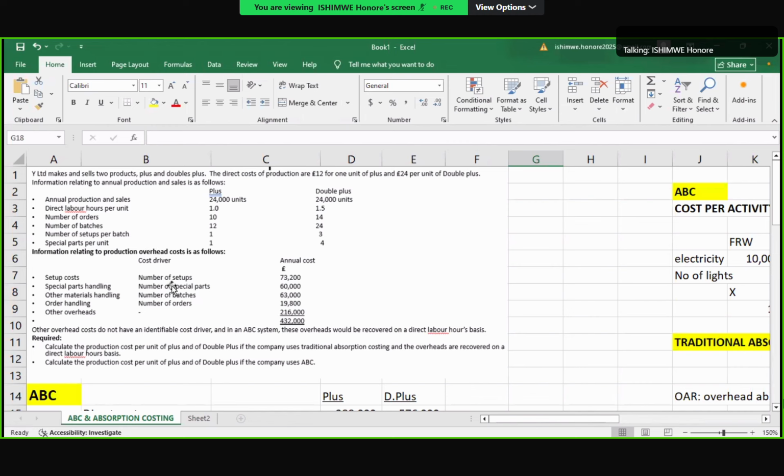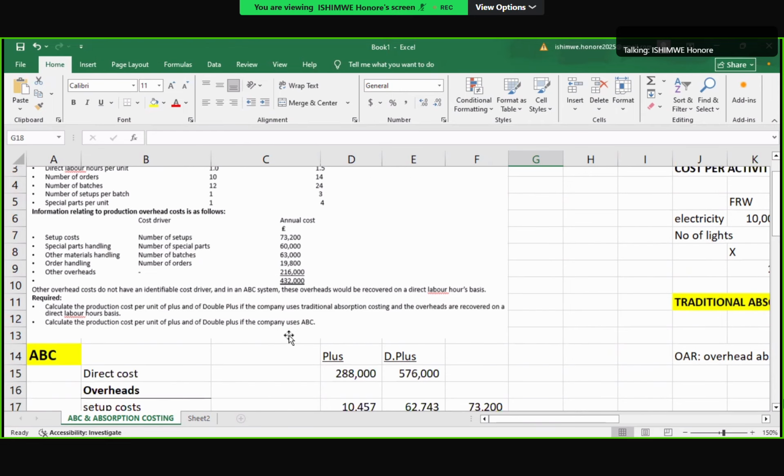That's the reason why. Here it is not what they directly told me to use. That's the first information. They told you you have to use number of setups, and you are using number of setups per batch. That is wrong. But you ask yourself, can I get the number of setups? If I have the number of setups per batch, can I get the number of setups?